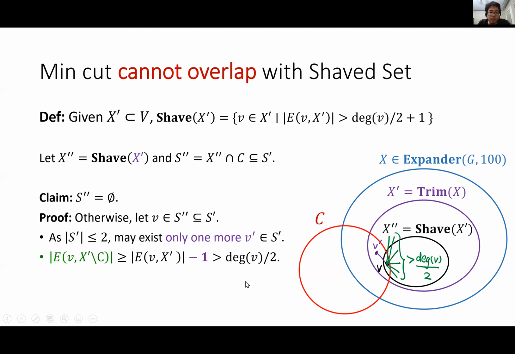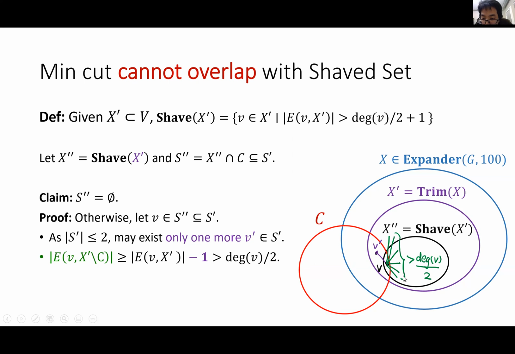Then I claim that the number of edges from V that cross the min cut, if you just count from V to X prime outside the min cut, must be strictly more than the degree of V over 2 already. Why?